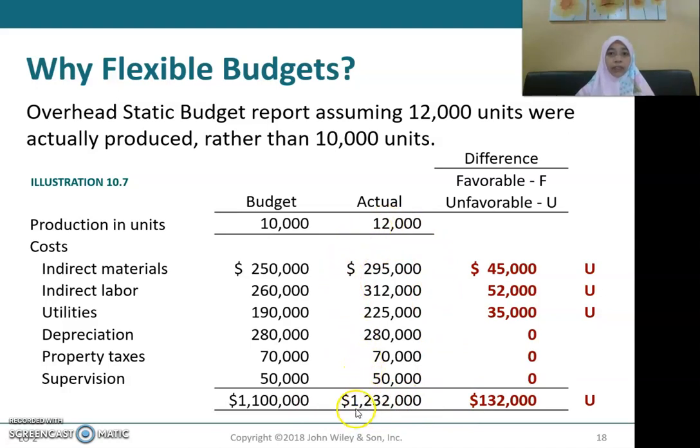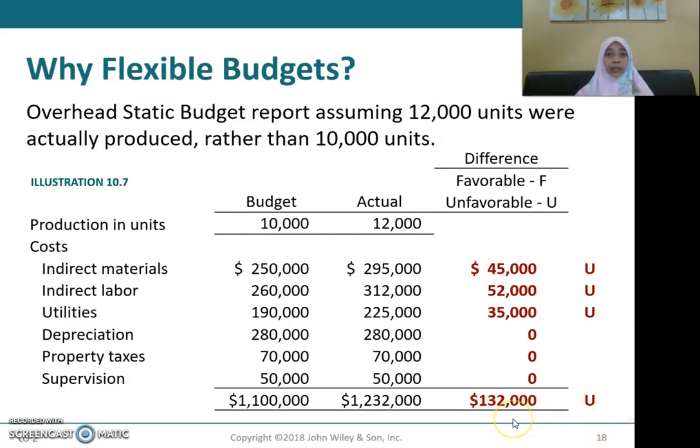So you budgeted 1.1 million and incurred 1.232 million, which is much higher than budgeted. In that case, you will have an unfavorable variance. The difference is 132,000, and it is unfavorable.